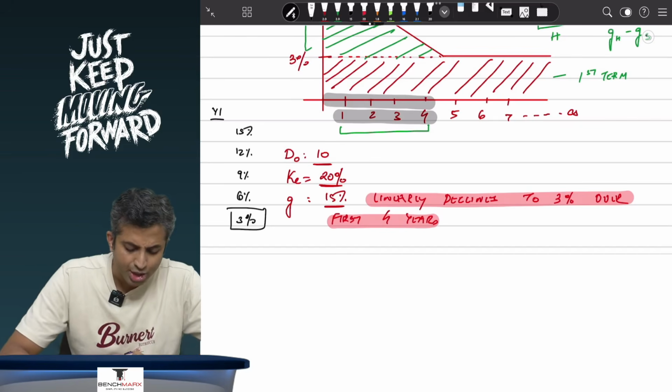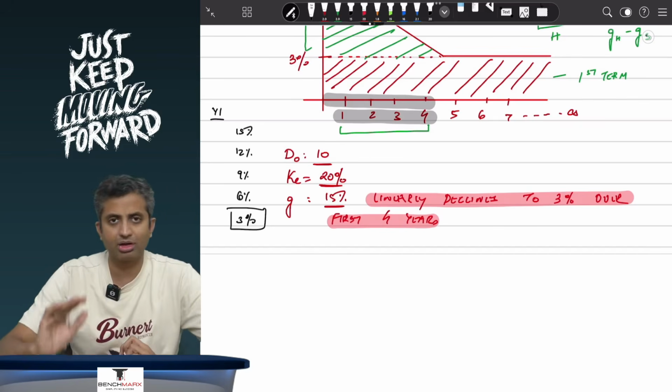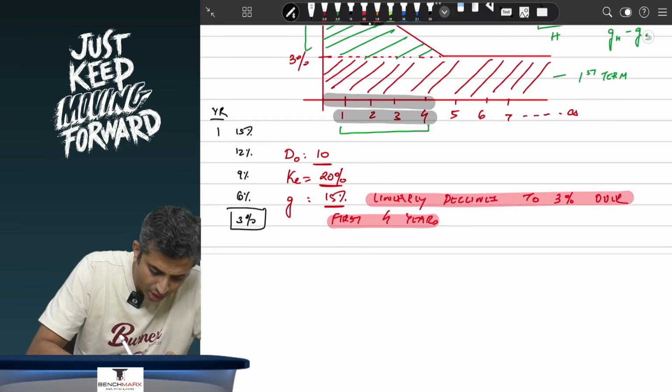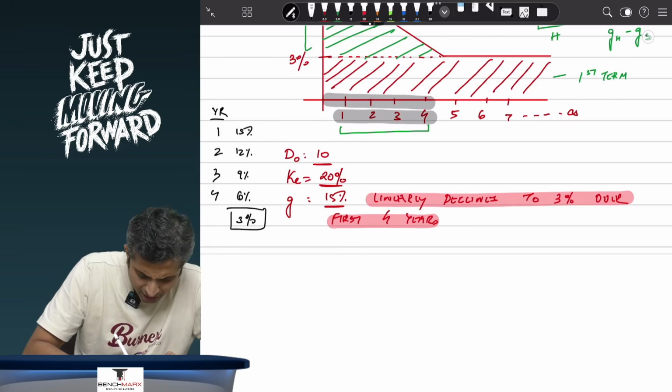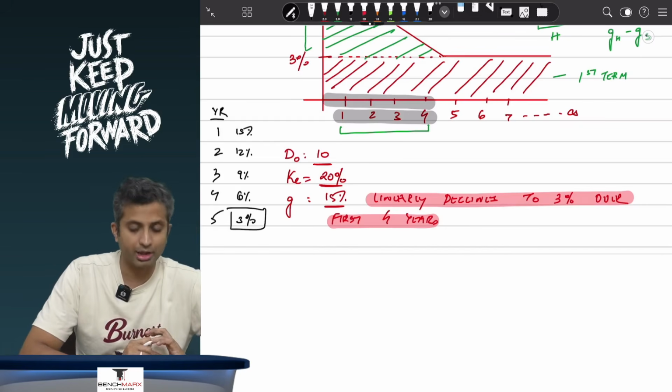So when I look at this situation, this is years 1, 2, 3 and 4, and then from year 5 onwards the growth will stabilize at a 3% growth in general.